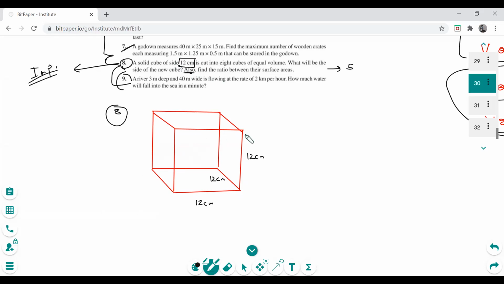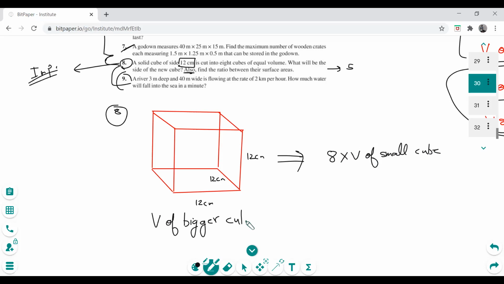Now this cube is cut into eight cubes of equal volume. So can we say that the volume of the bigger cube is equal to 8 times the volume of the smaller cube? That is one way to say it, isn't it?